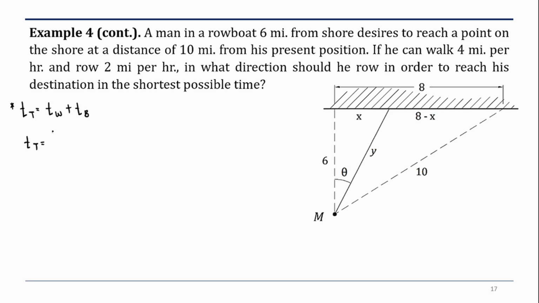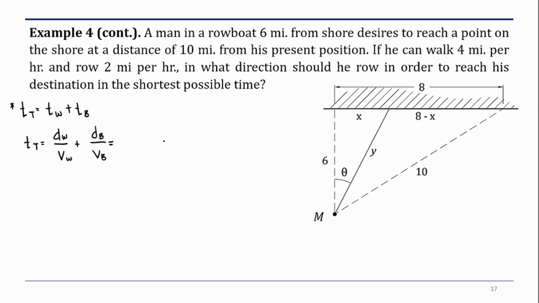So, time is distance over velocity. So, yung distance na lalakarin, over velocity ng paglalakad plus yung distance ng pagbabangka over yung velocity ng pagbabangka. And makikita natin yan na yung distance na lalakarin natin ay ito yung shoreline, di ba?